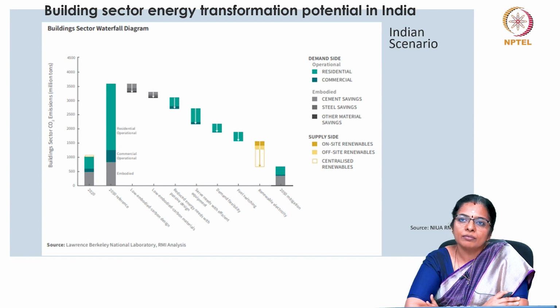Globalization has brought in so many offices, and therefore, according to the National Institute of Urban Affairs RMI report, that is NIUA, the Indian building sector's emissions are divided into embodied emissions constituting 10% of the total energy consumed, and operational carbon emissions which account for 90%.